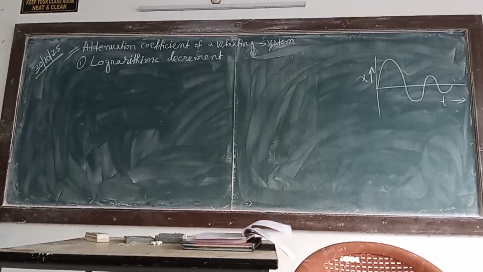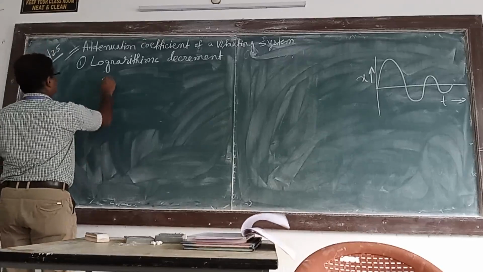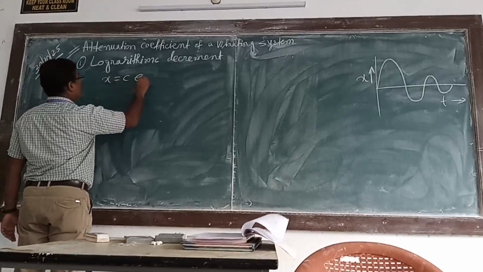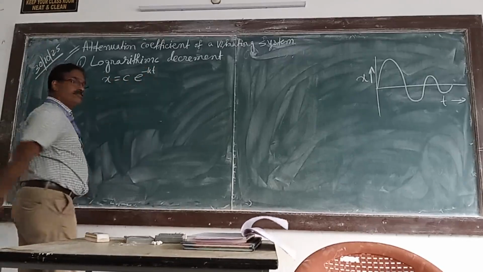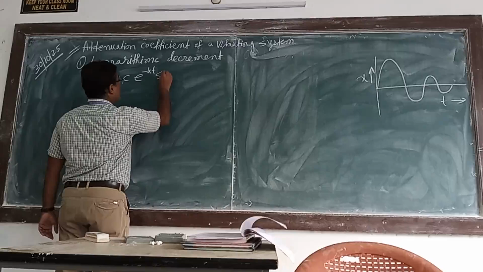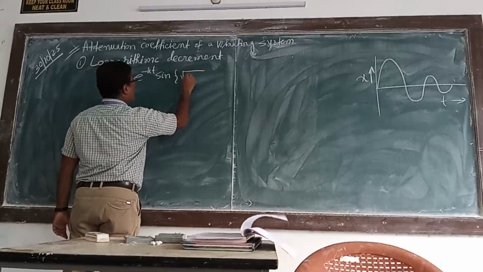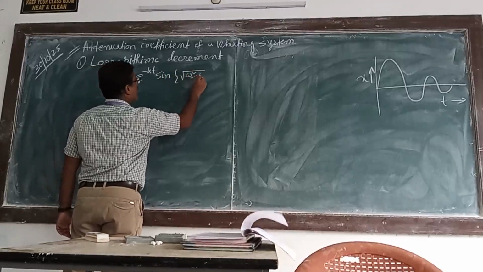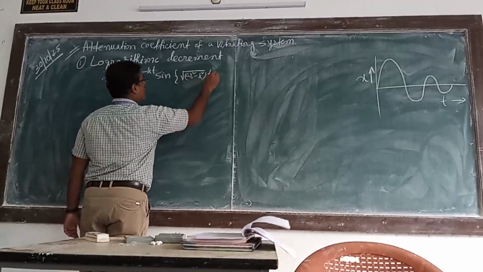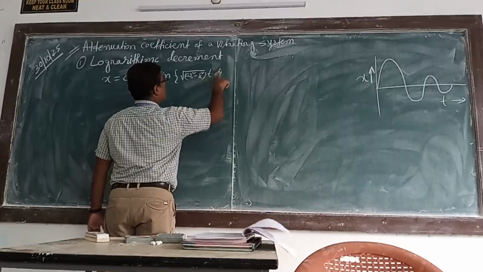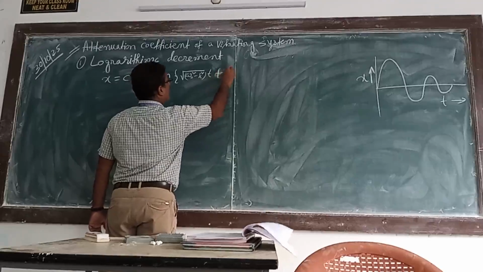the displacement of the vibrating particle in damped oscillation. What is the last solution? x equals C e to the power minus kt sin of root over omega 0 square minus k square into t plus phi.